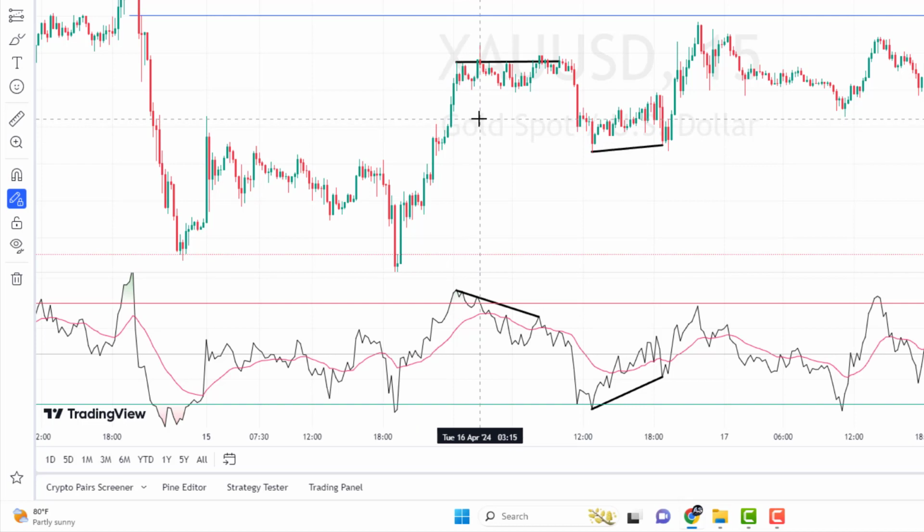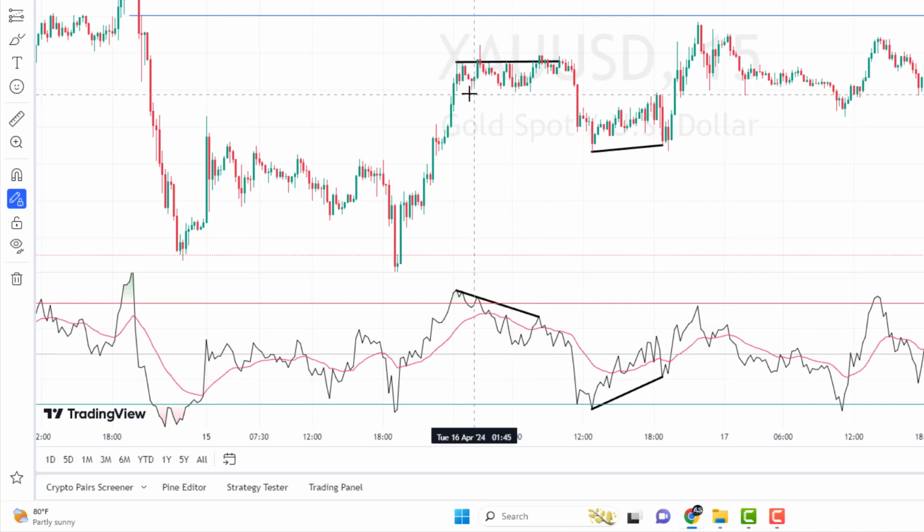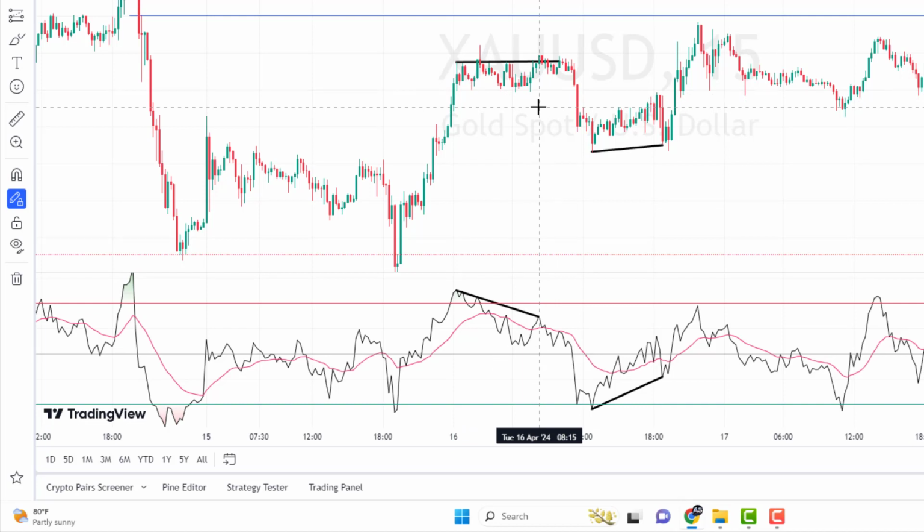Now we will wait for some hours for the good session to come. This time is 12:03 AM, it's early, a late night. Now at this swing point, you can see it's 8:15, which means it's morning time.